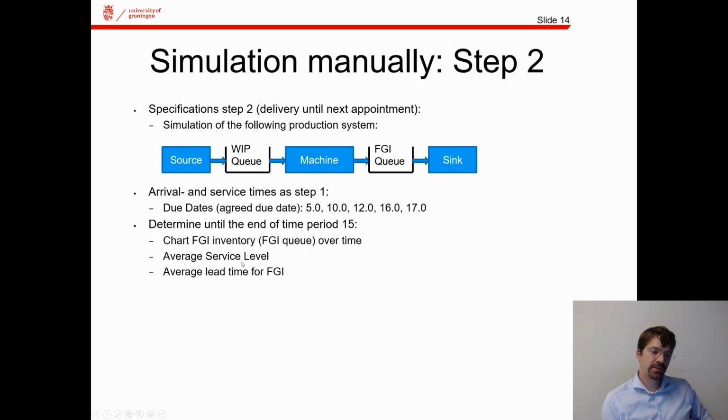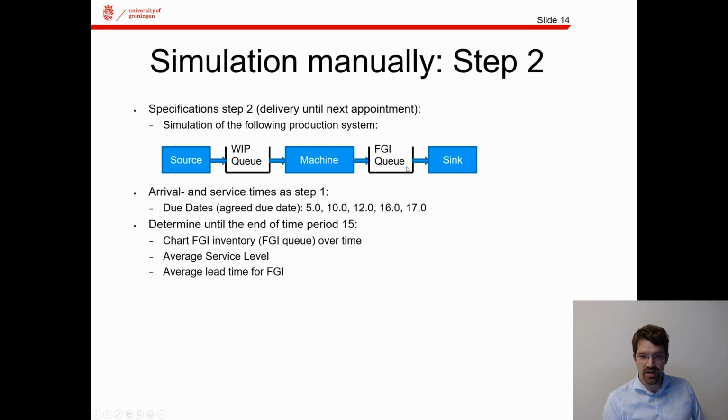And the service level is a new key metric and is defined by the orders which are leaving the system on time, divided by all orders leaving the system.